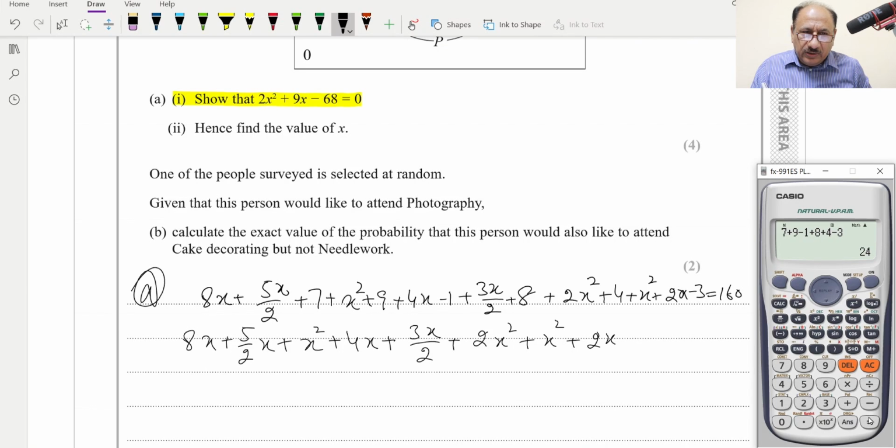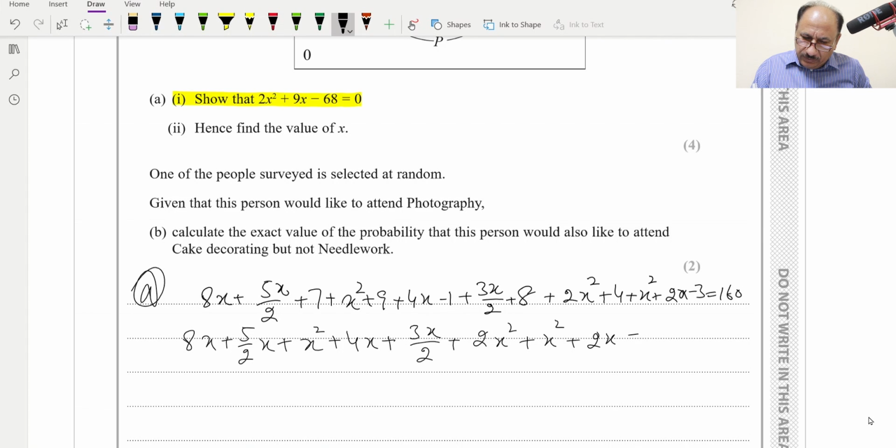So we can write plus 24 is equal to 160. Now we can add the x squares. This is x squared, this is x squared, and this is x squared. So 1 plus 1, 2 plus 2 will be 4, so 4x squared.